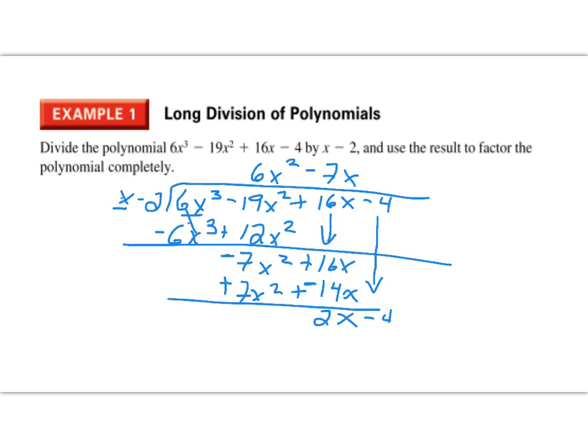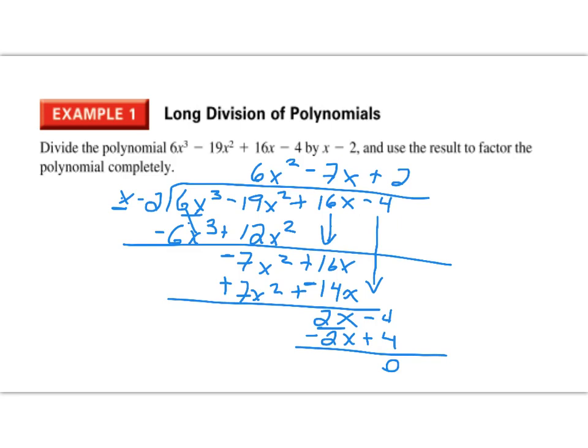So I want to make x 2x, so multiply by 2, and I get 2x minus 4. And again, since we're subtracting, then you're done. So you end up with that, your final factor.